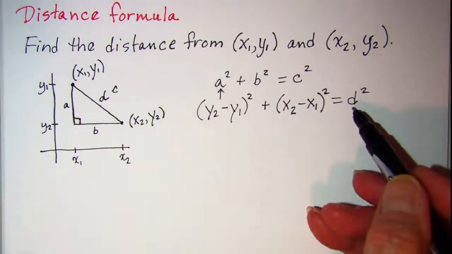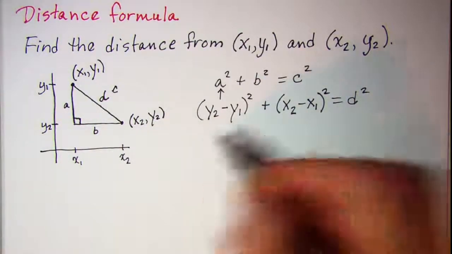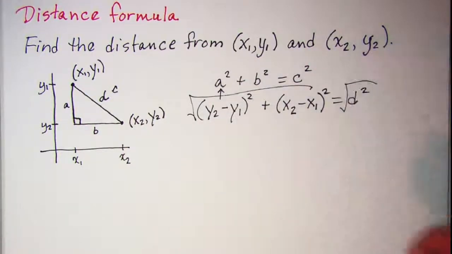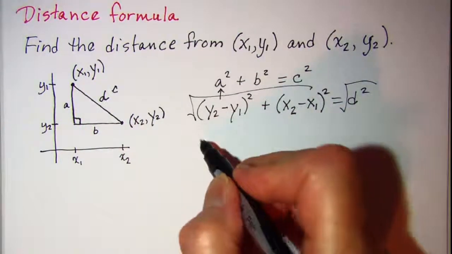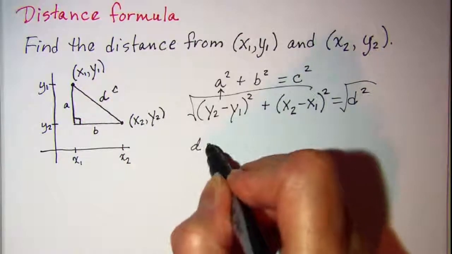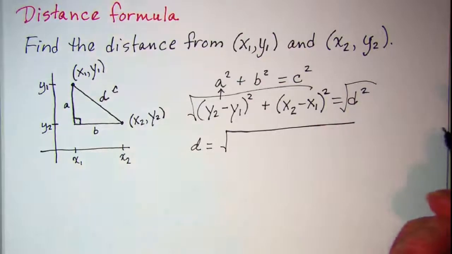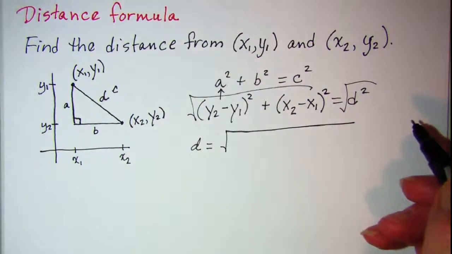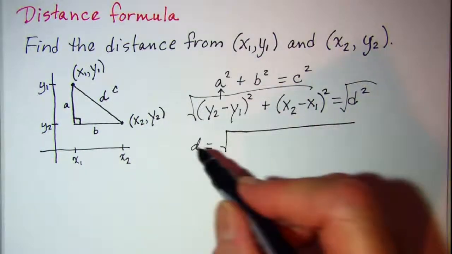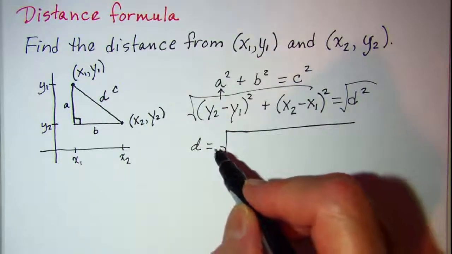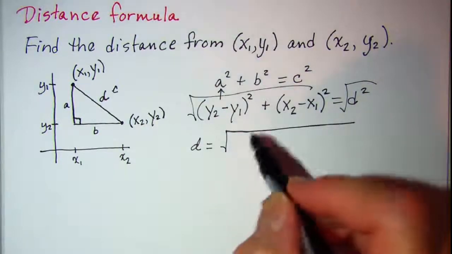So to get d, I just need to square root both sides, and I can see then that d is equal to the square root of a big old long square root. So remember that when you try to remember your distance formula, it's the big old long square root. Okay.